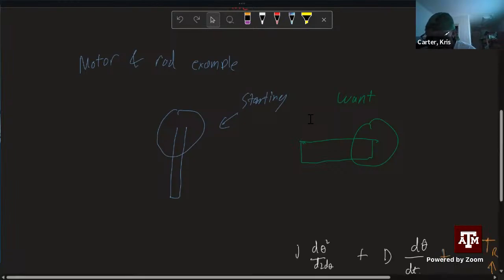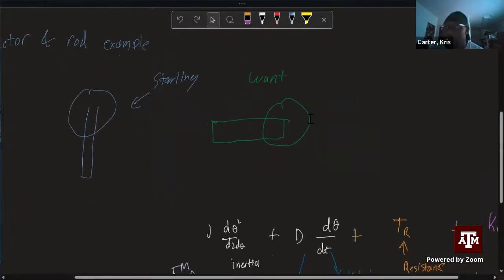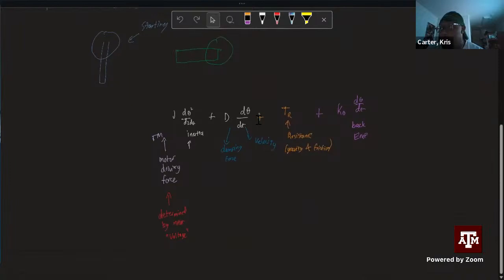So we have this equation, and these are the notes I took about it.